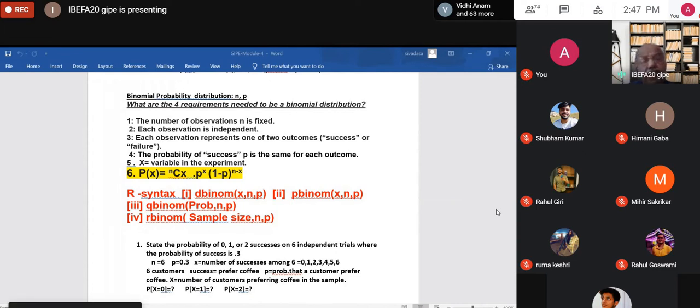Then, using R, how to answer questions related to binomial is the next work. If you identify a given situation as binomial, how to answer the question? How to plot a graph? How can you show the answer on the graph? And so on.